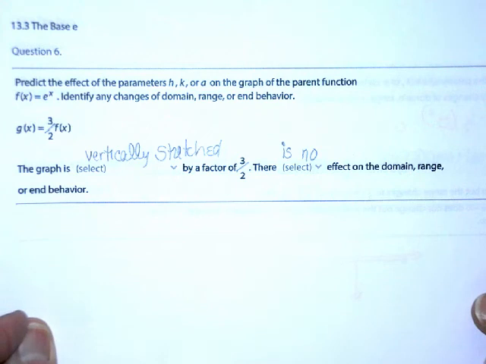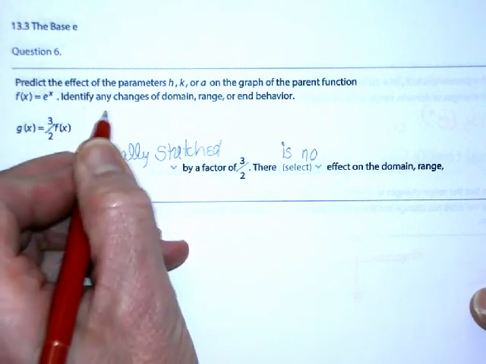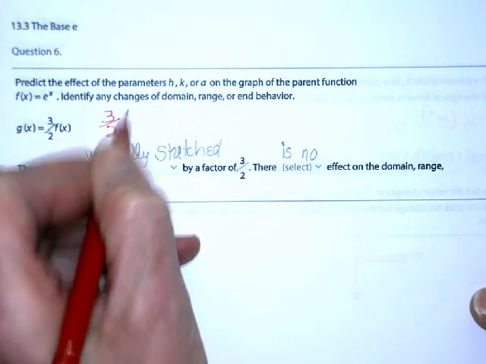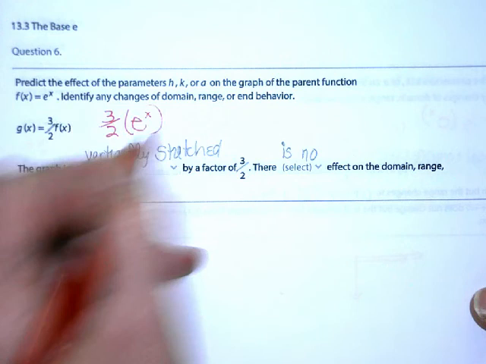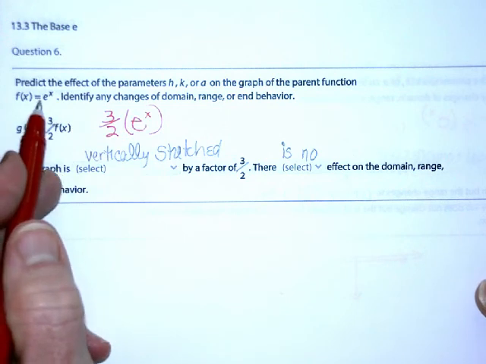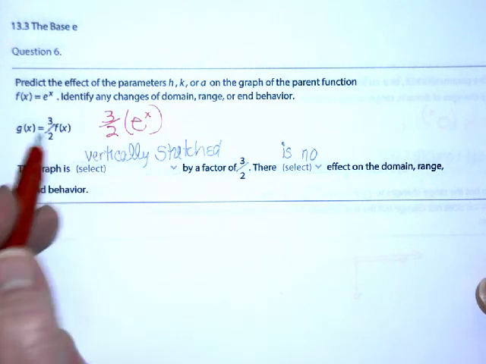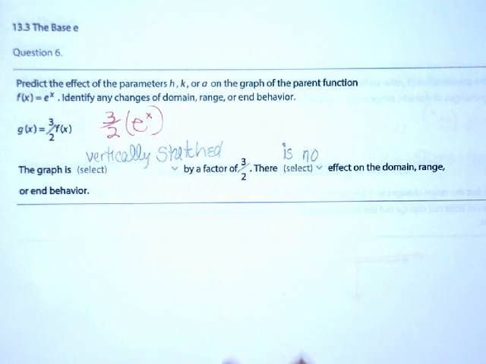Okay, no graph yet. Must be the last 3 or 4. All right, we got a stretch going on because 3 halves is bigger than 1. You're really taking e to the x and taking 3 halves of it. If I said that was just x, that'd be 3 halves of x.